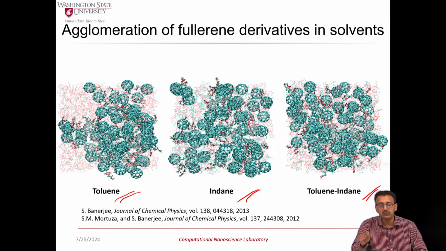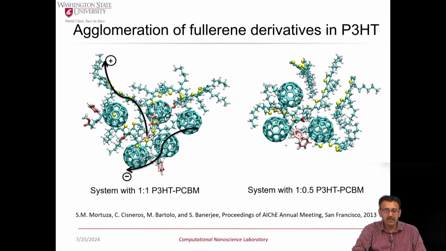You can tune the solubility of these particles and tune the particle size distribution. And if you have dispersed particles, then it's more likely that you have a more uniformly grown film. And if you have a uniformly grown film, then you will have pathways for electron conduction, which is basically the purpose of this film that you're trying to develop, the electron transport layer.